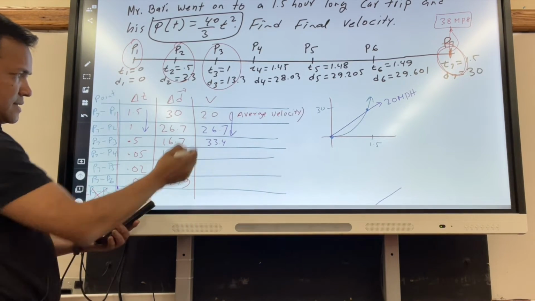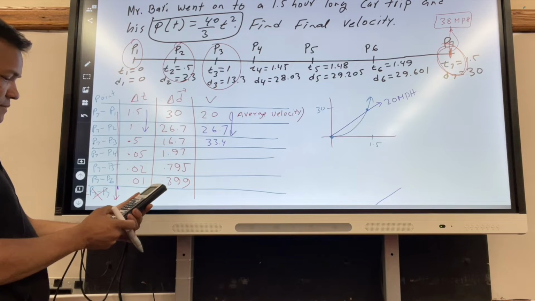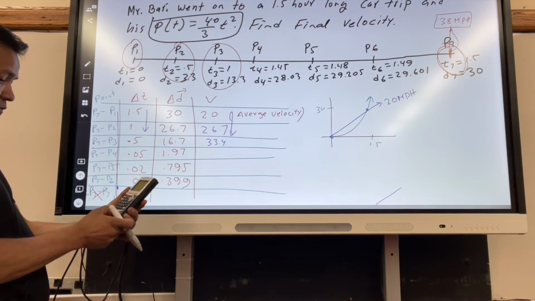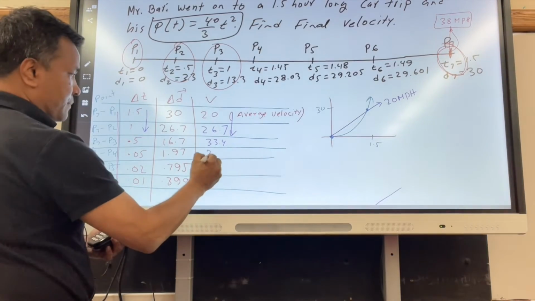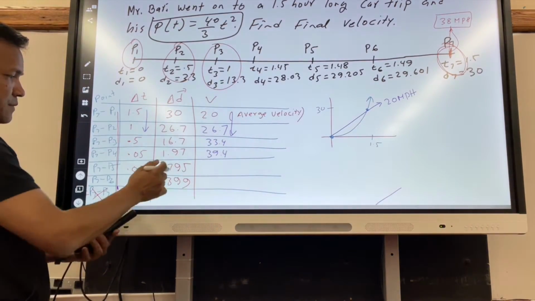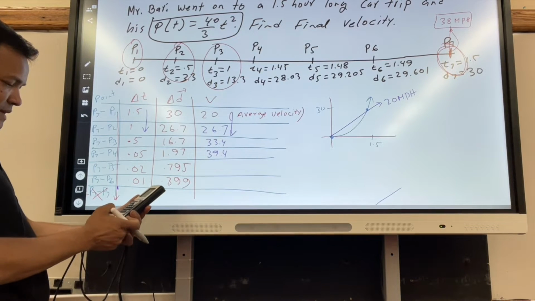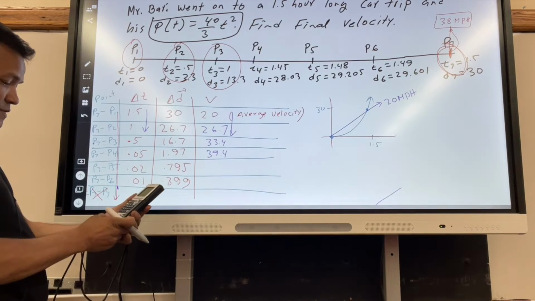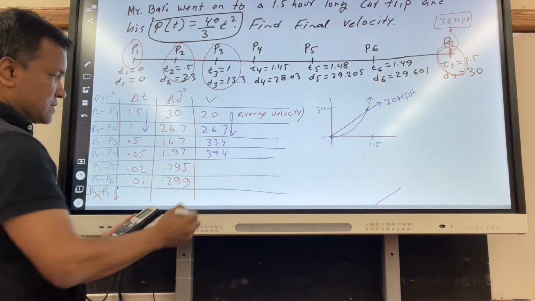The time interval is approaching 0, I already see that. 1.97 divided by 0.05 is 39.4. Okay, it is approaching 0. 0.795 divided by 0.02 is 39.75.